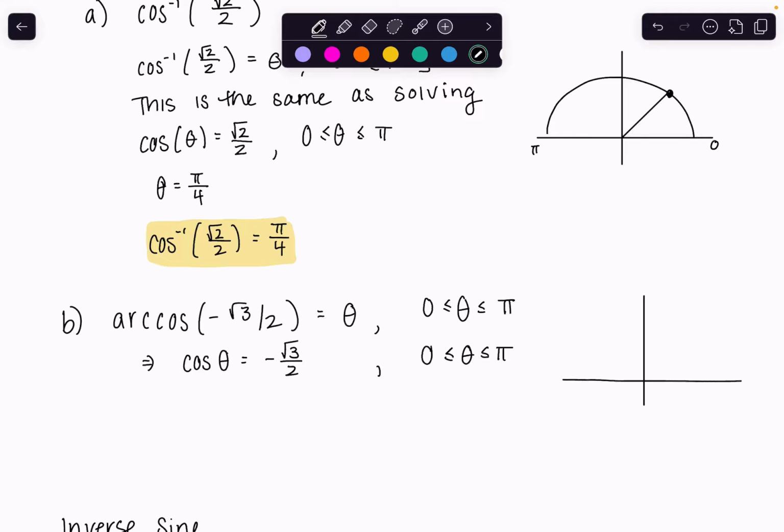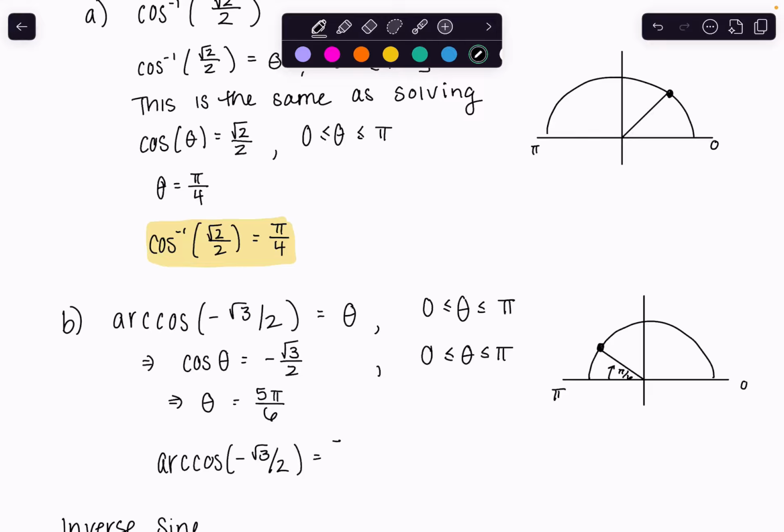So if my cosine function is negative and I'm between 0 and pi, that tells me I'm going to be in quadrant 2 on that unit circle. To have cosine equal root 3 over 2, it's a reference angle of 30 degrees. So that angle over here would be going back pi over 6. So this theta value is going to be 5 pi over 6. So when I'm evaluating arc cosine of negative root 3 over 2, it's going to exactly equal 5 pi over 6.